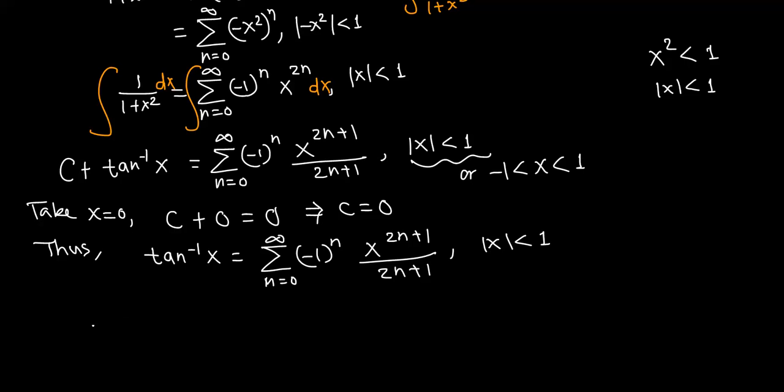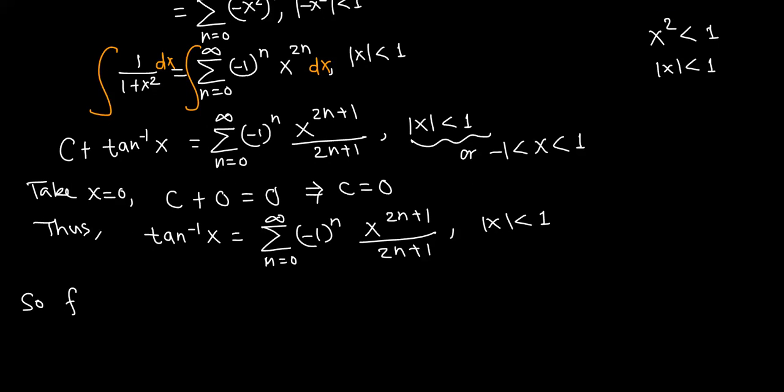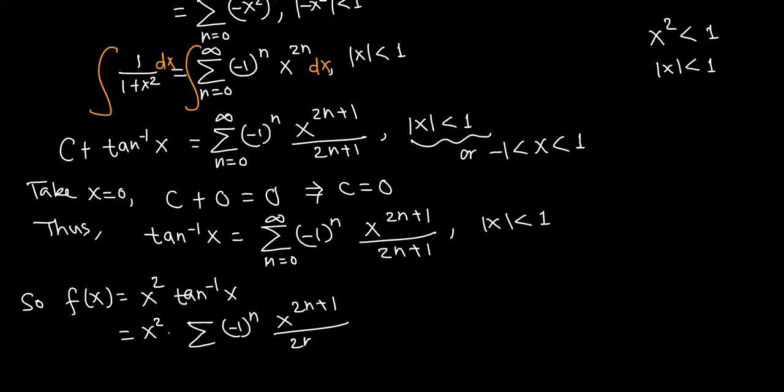So the function x squared times tangent inverse x is x squared times the power series for tangent inverse x found here.